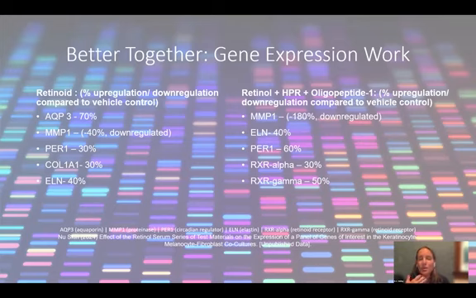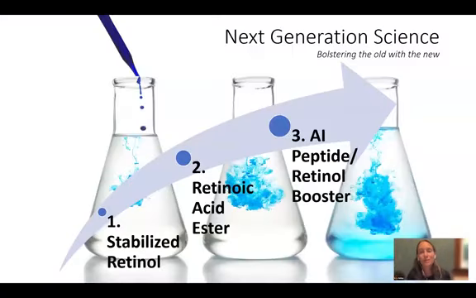Like I said, this is work that we did at Nu Skin. Our researchers did it, and it illustrates the additional benefits that you get when you put these ingredients in combination versus just using a standard retinoid by itself. So we're super excited at this time because it really shows that we're entering a new generation of science where we're bolstering the old with the new.